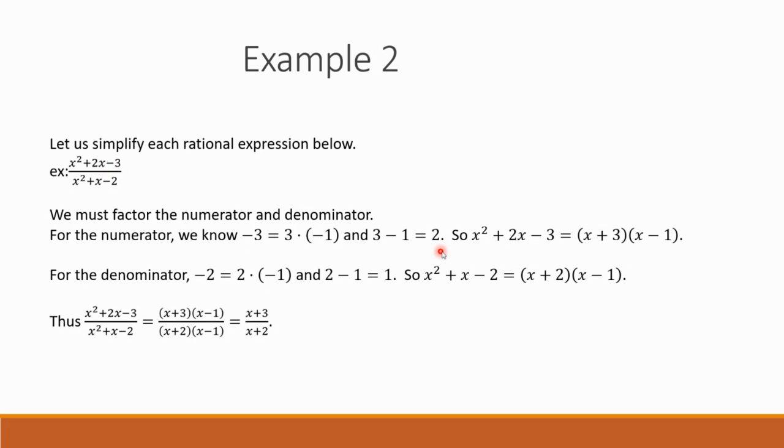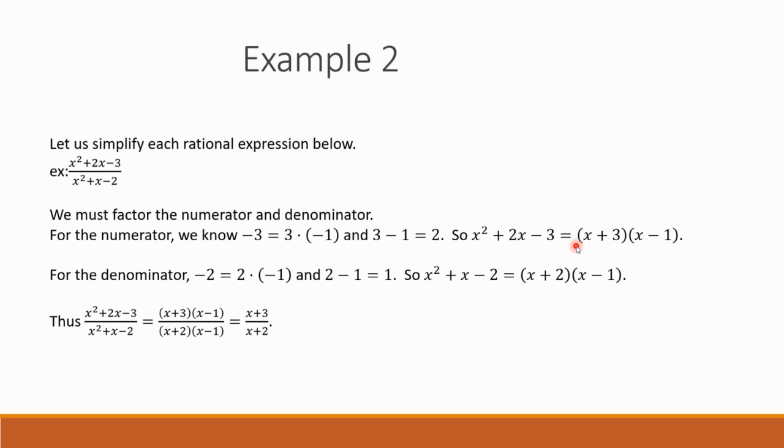I have the answers already here, but even without it, you should be able to see that the two numbers are going to be 3 and negative 1. Right there, product is minus 3, the sum is 2. Yippee. So from here, we get x squared plus 2x minus 3 is x plus 3 times x minus 1.